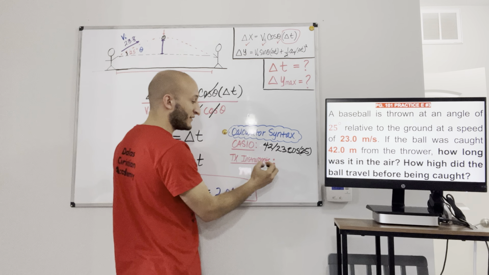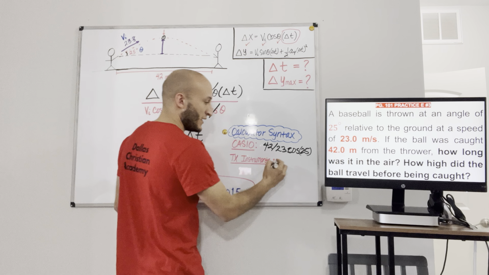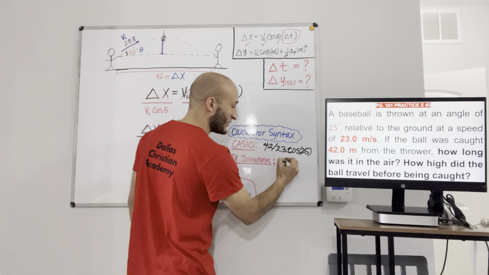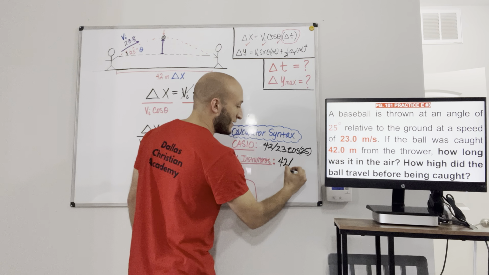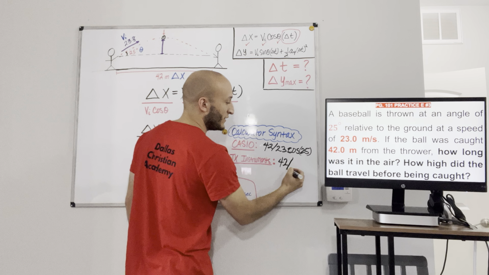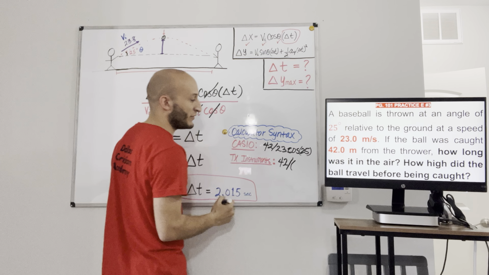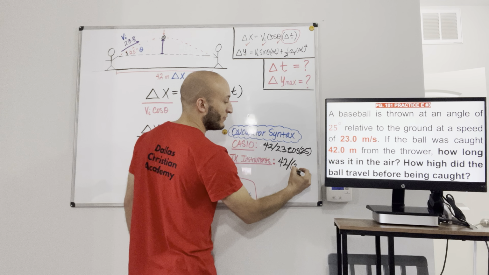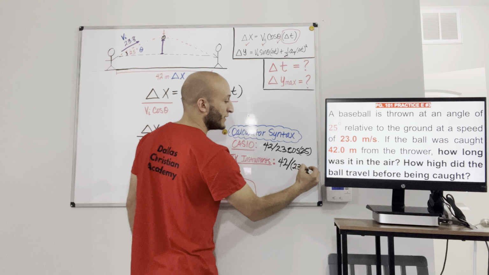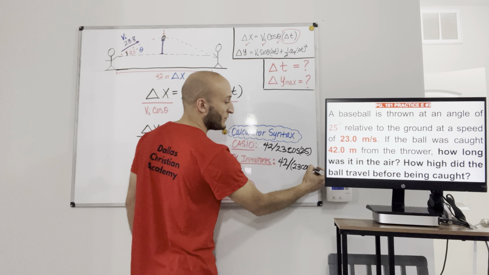Now with Texas Instruments and all the TI family, they're a bit more complicated. It would definitely look like this: 42 divided by, and then you have to open parentheses, then write in 23 cosine, then it's gonna open parentheses again.